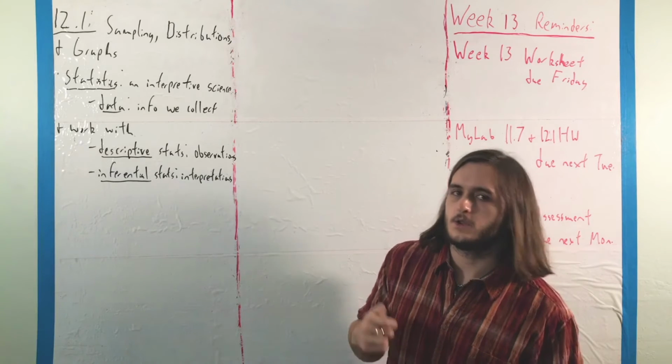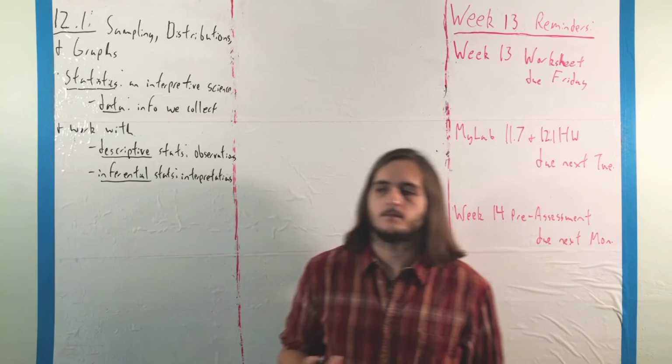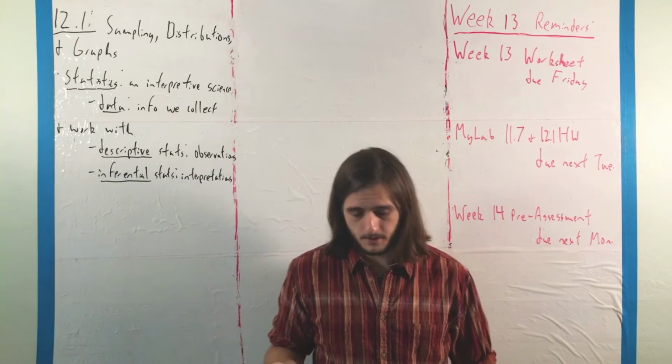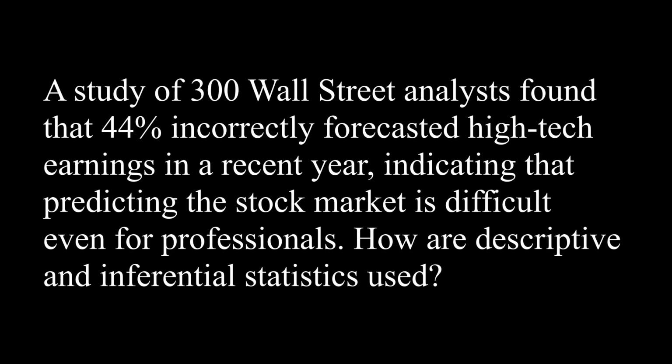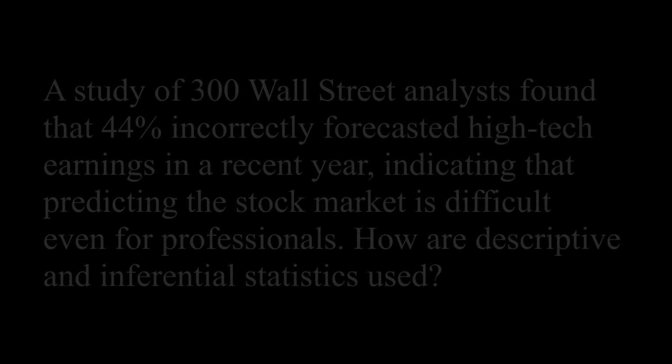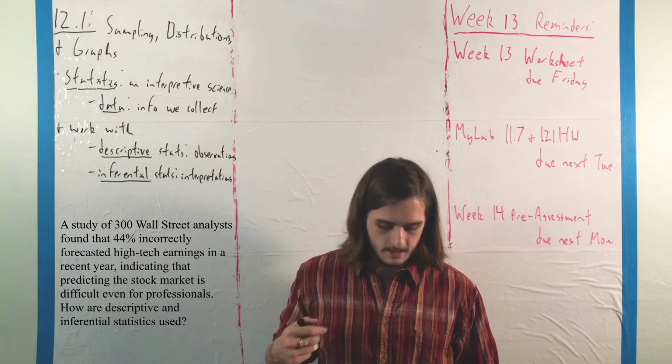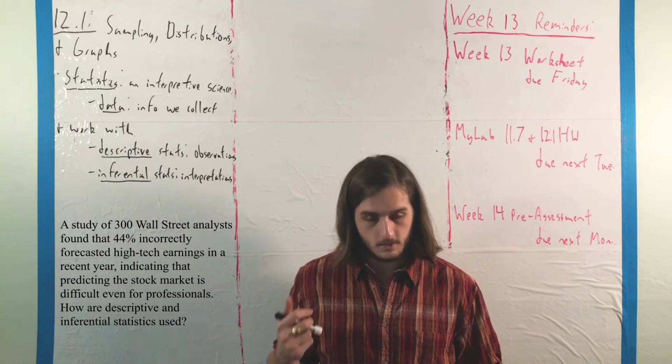So let's take a quick look at an example here to kind of see how these two things break off, even though really they go together. Here we're told that a study of 300 Wall Street analysts found that 44% incorrectly forecasted high-tech earnings in a recent year, indicating that predicting the stock market is difficult even for the pros. What we want to do here is see how descriptive and inferential statistics are used. So for this, the descriptive statistics here is just the numbers that we're looking at.